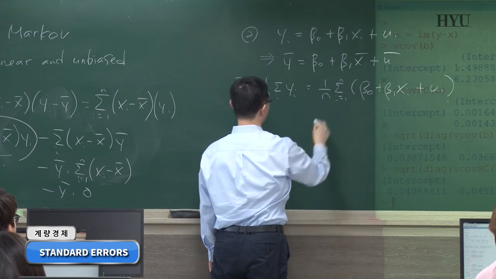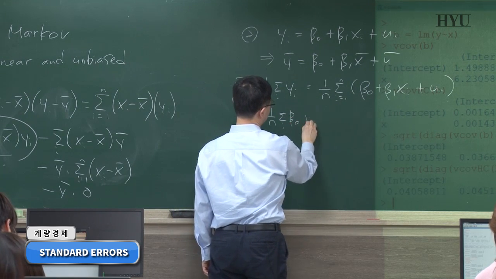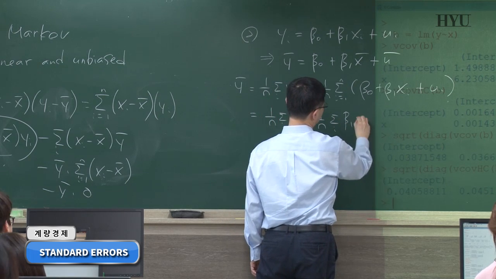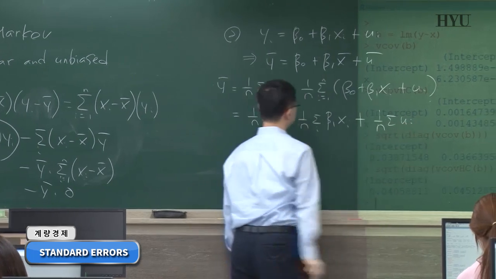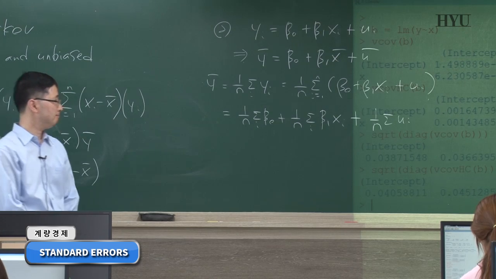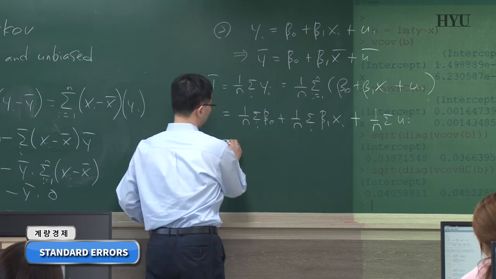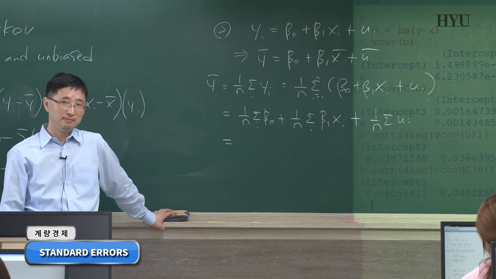Now you just apply summation to everywhere. Now what is this? 1 over n sum of beta null.